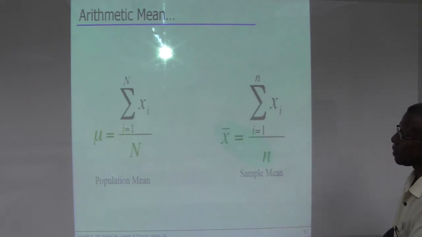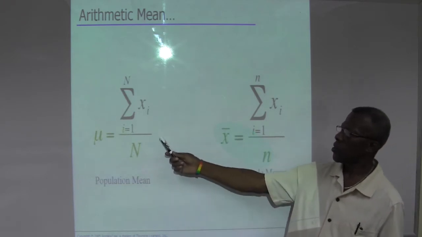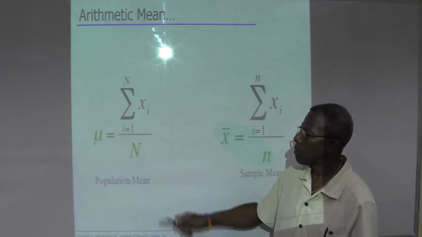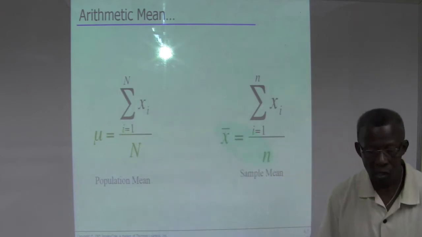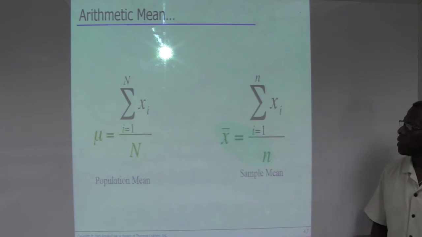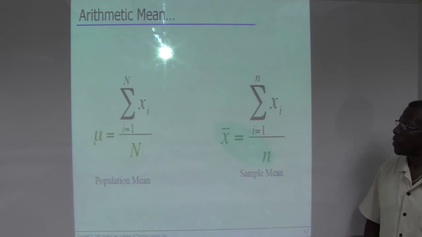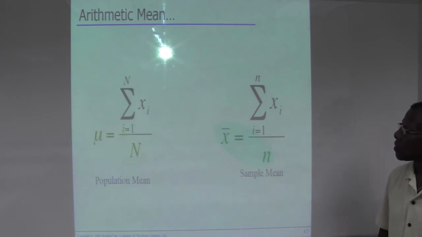Shown mathematically here is the same thing. The population mean is shown with sigma, meaning sum, the sum of all the values of the observations, summing i equals 1 to N, and then you divide by the total number of observations. The same obtains for the sample mean: x bar equals the sum of the x sub i values, i from 1 to n, summing n individual observations and dividing by the number of observations.